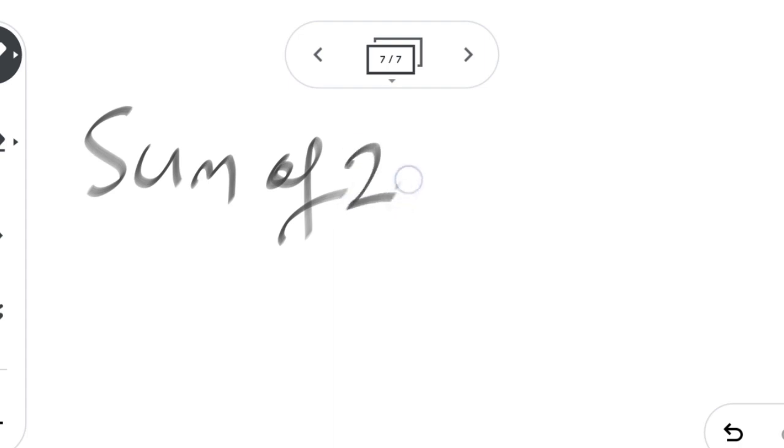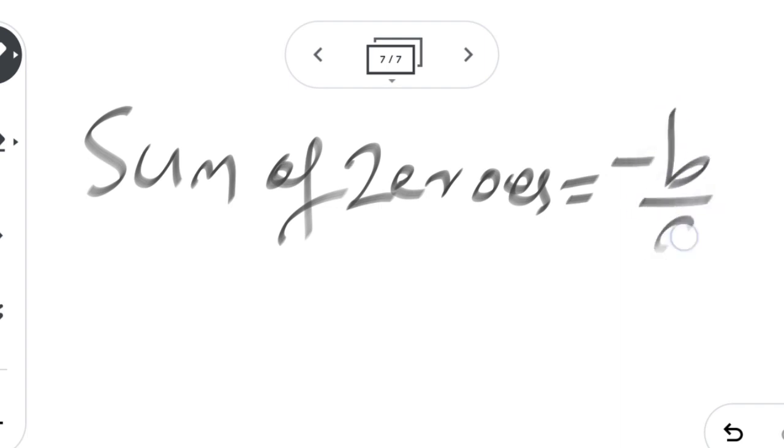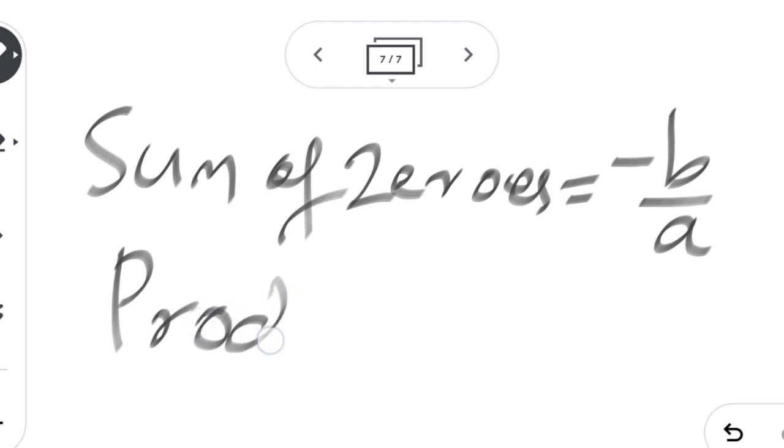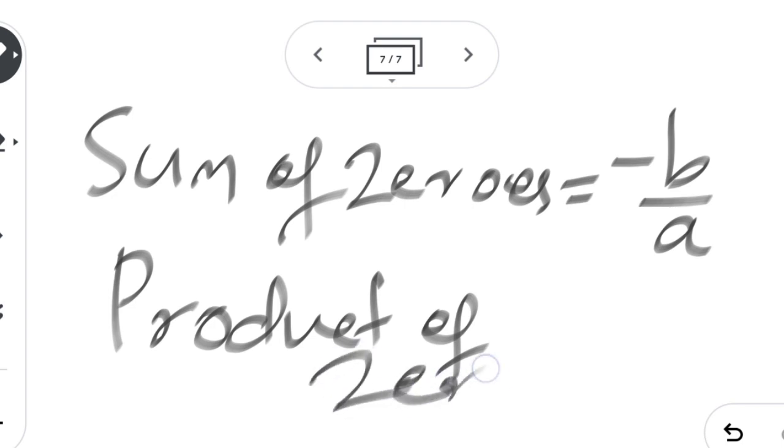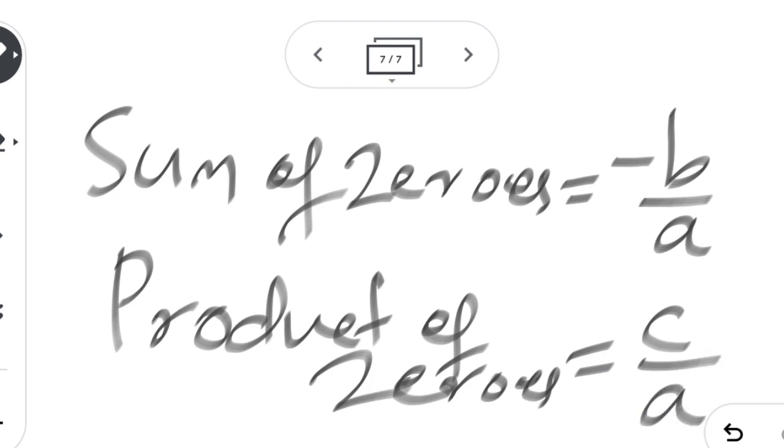Sum of zeros equal to minus b by a, and product of zeros equal to c by a. These are the two relations between zeros and coefficients of a quadratic polynomial.